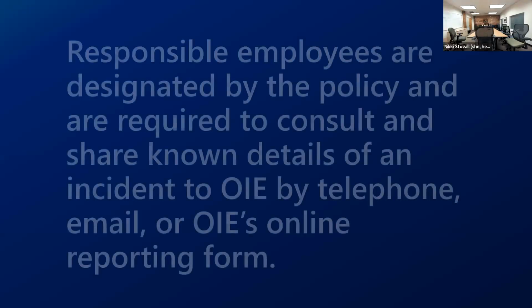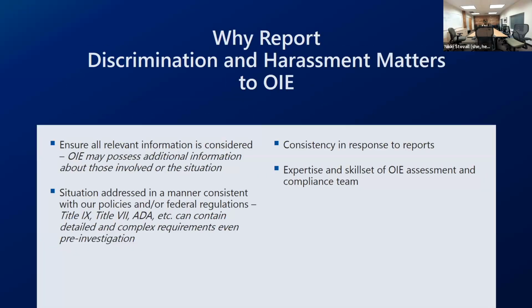That's perfect. And that's a good segue into this next slide, which is, why do we need to report it? Why does that matter? I think first, a lot of times we'll hear individuals say, oh, I gave the employee OIE's information, or I encouraged them to reach out to you. While that's great, it's also really important that the responsible employee directly reaches out to us themselves. At times, OIE may have additional information related to a matter that you're not privy to.